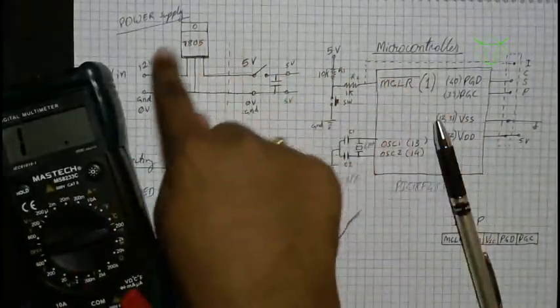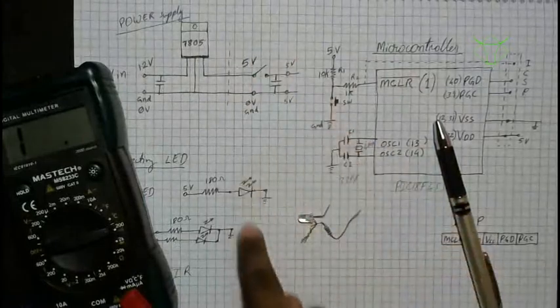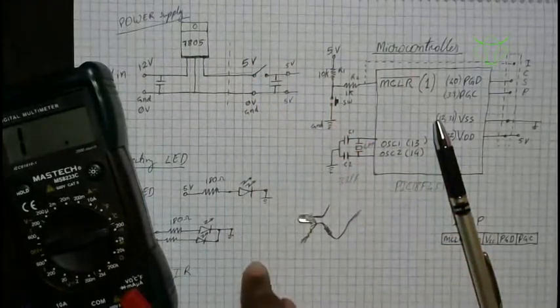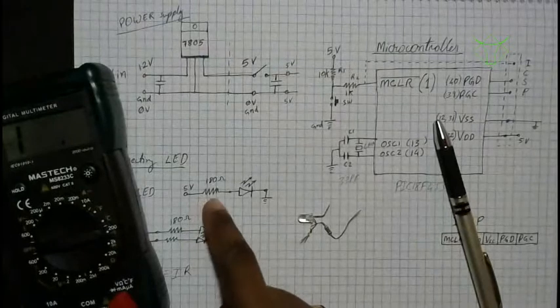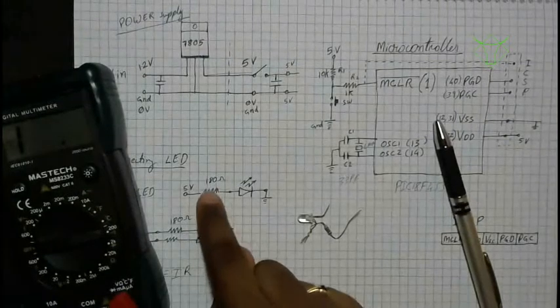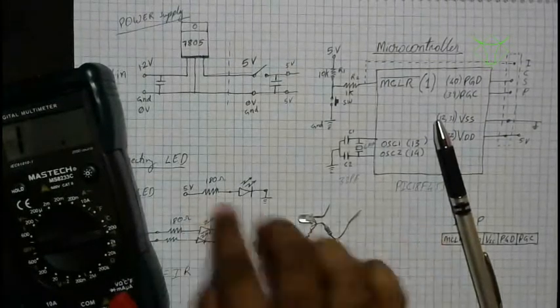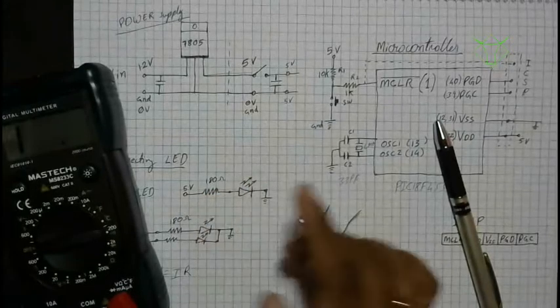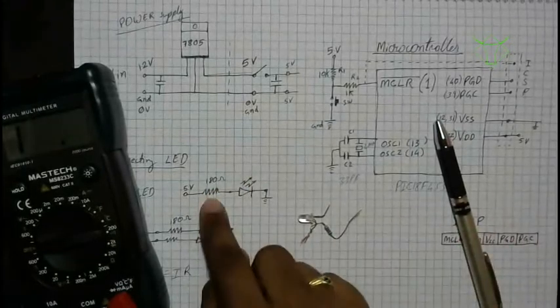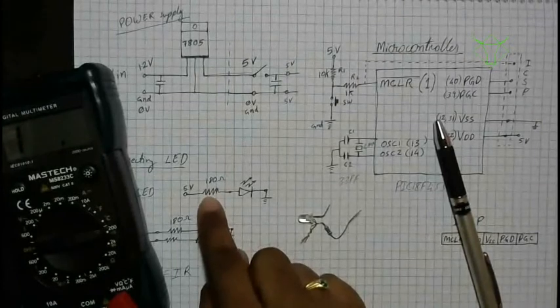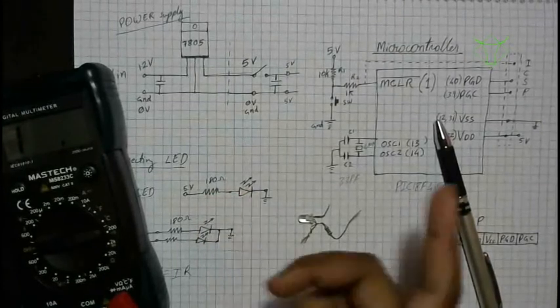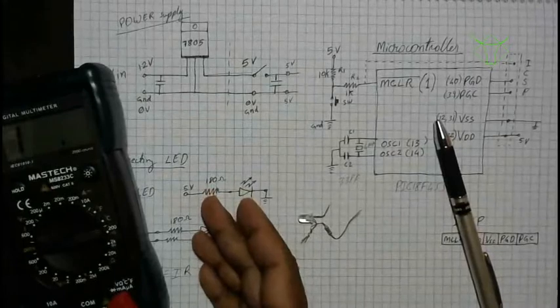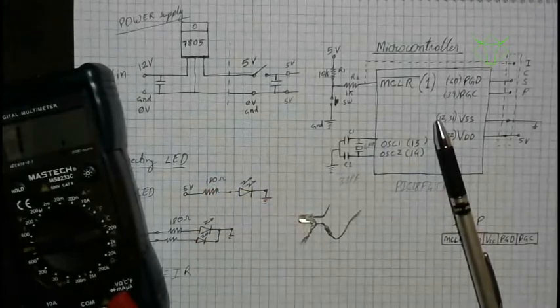If you might have connected a 1k, 10k or 1M resistor here and you are expecting this LED to glow, it won't glow, because there is a higher resistance and not enough current passing through it.